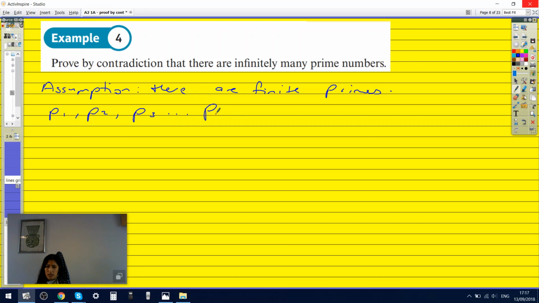And so, does that contradict the statement? I'm stuck after the even part. So I've called Pn the largest prime number. So adding 1 to it would make it an even number, but that wouldn't be a prime number. No. Add two.